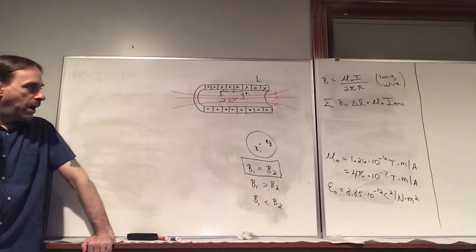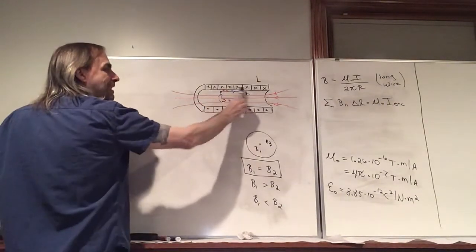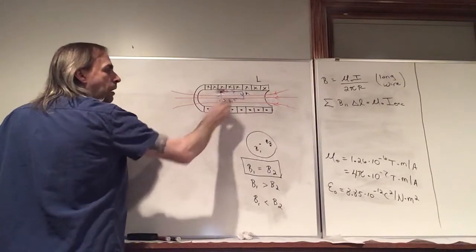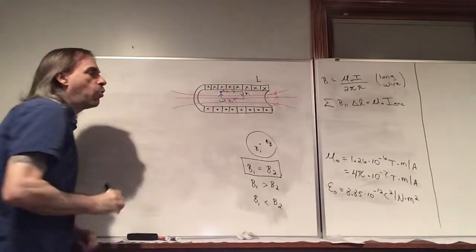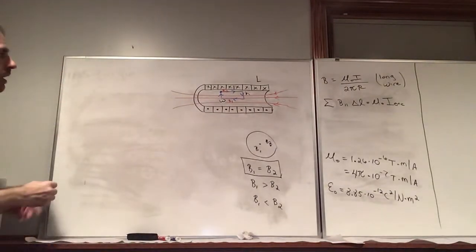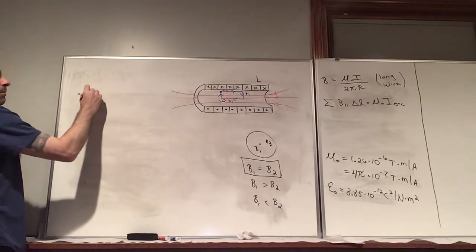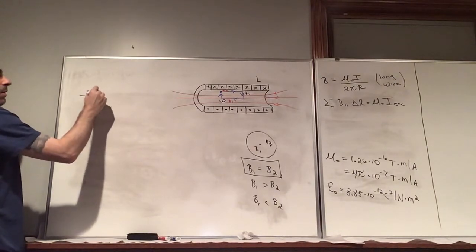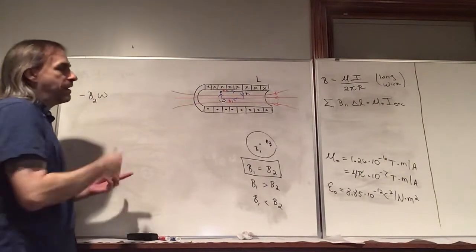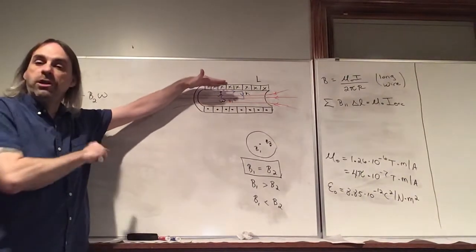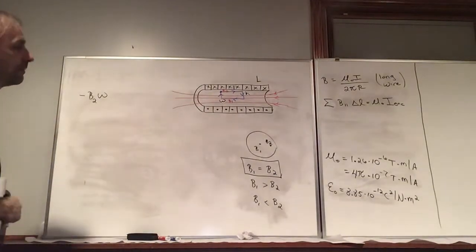Okay, so along this segment here, we're tracing to the right and the magnetic field is pointing to the left. And so the result here is we're going to have minus B2 times W. The negative sign, because we're tracing our loop to the right, but the magnetic field is going to the left.